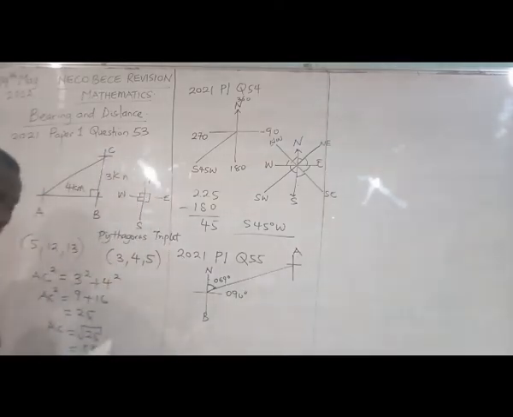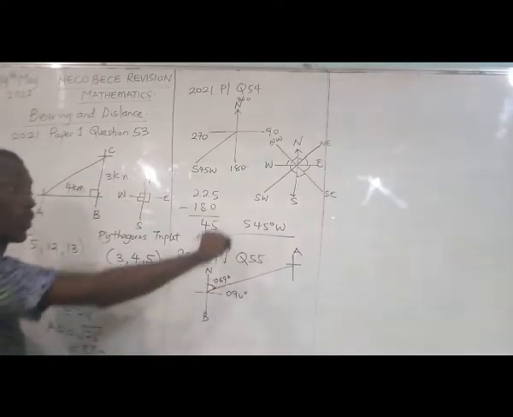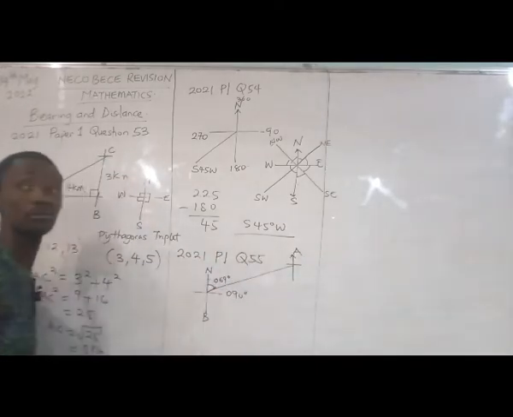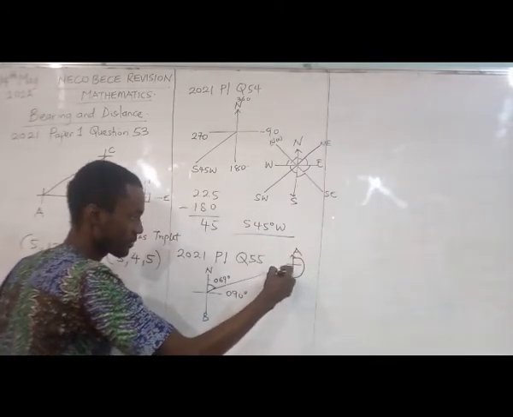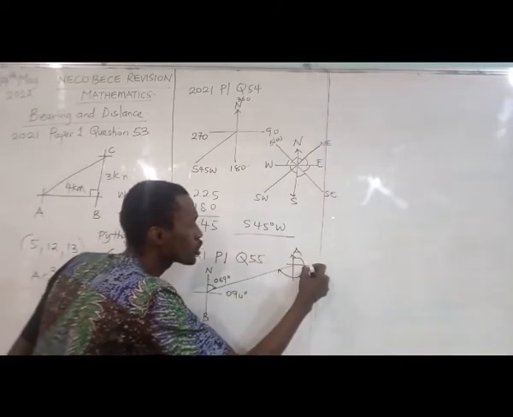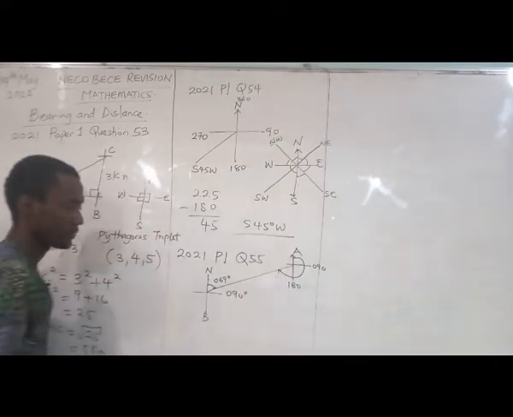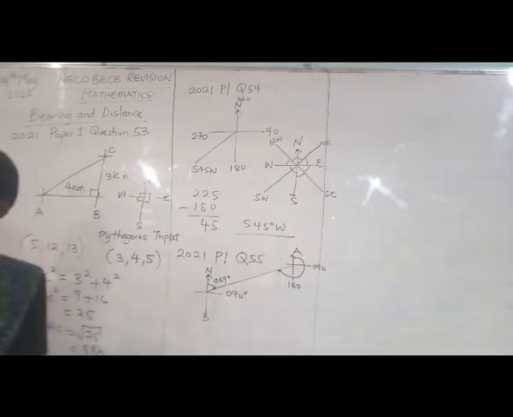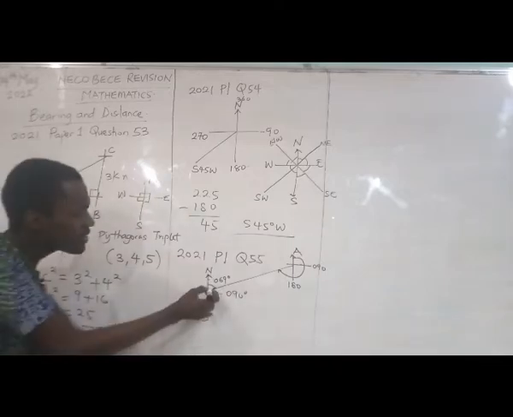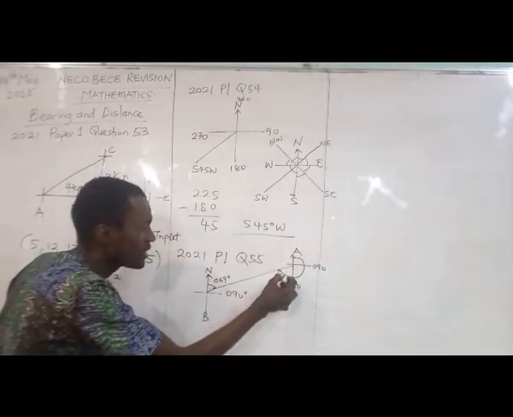Now the question says, find the bearing of B from A. If you're going to now find a bearing with respect to A, this becomes your reference position. How do you measure? You must start from here and move round like this. Remember that at this position it is 090. At this position it is 180. So what is this one? Remember that from your knowledge of alternate angles or angles between parallel lines, if this is 069, this angle will also be what? 69 degrees.